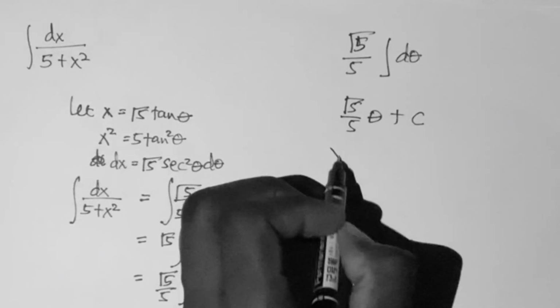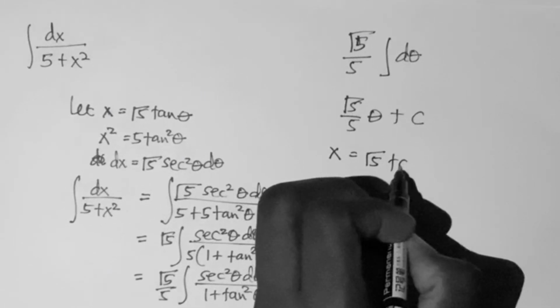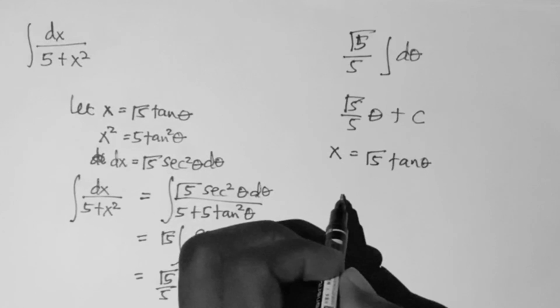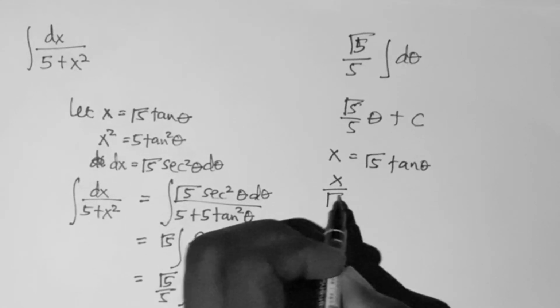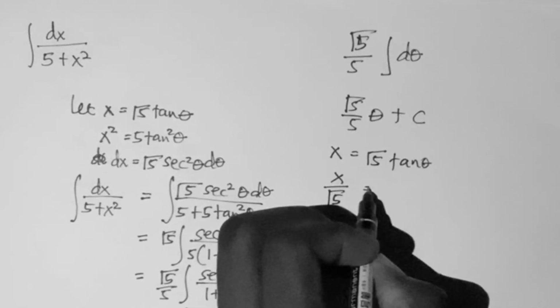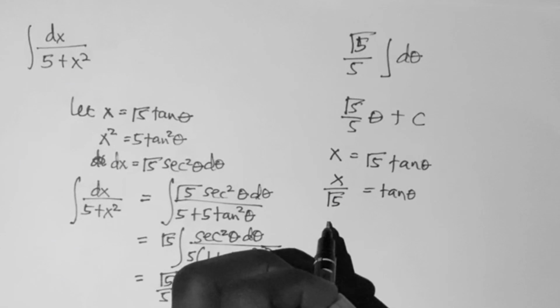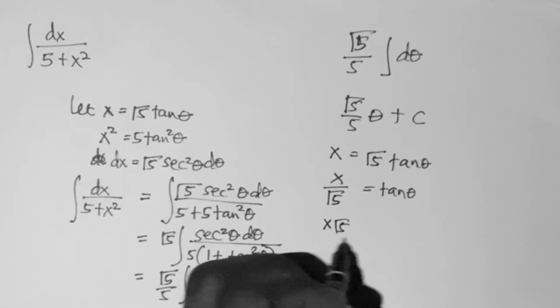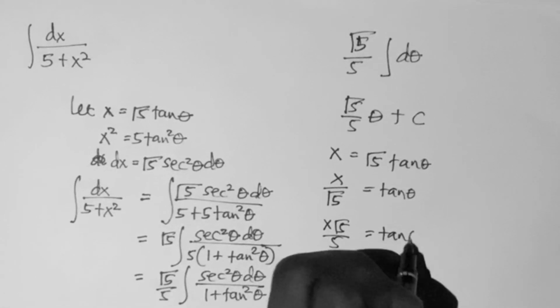But we know that x is equal to square root of 5 tan theta. So x divided by root 5 is equal to tan theta. So x root 5 divided by 5 is equal to tan theta.